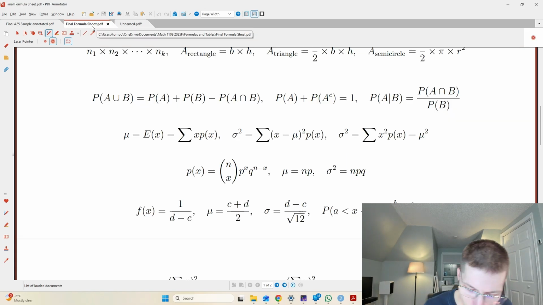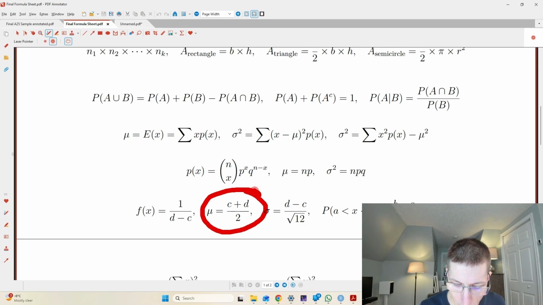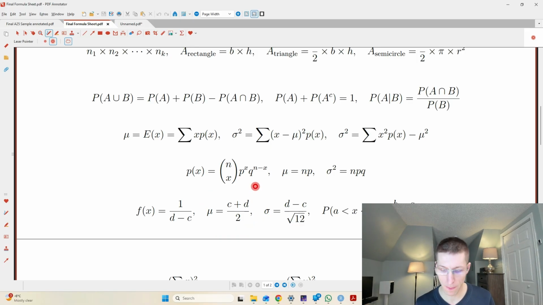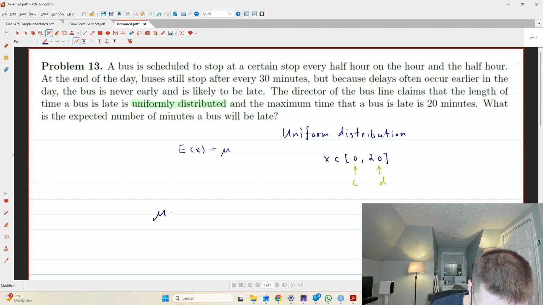So from our formula sheet, we see that the uniform variable has mean (c plus d) over 2. So mu equals just the average of those two values.